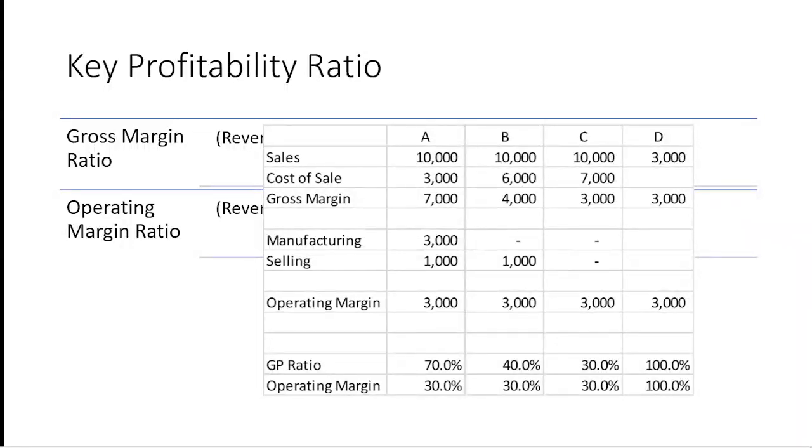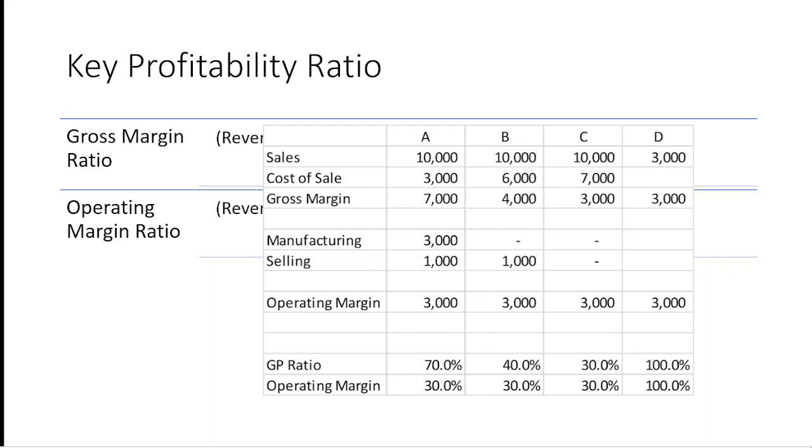So the operating margin ratio helps to understand what the operating margins of the company are. Now it may be different based on the different models. Here on the screen, you will see there are four companies which have different models, and their operating margins are similar, but their gross profit margins are different.